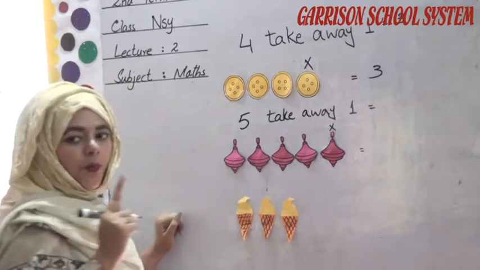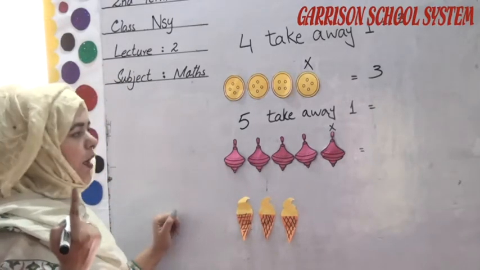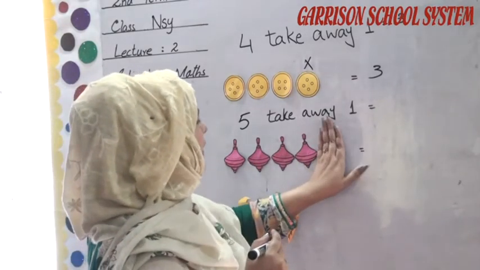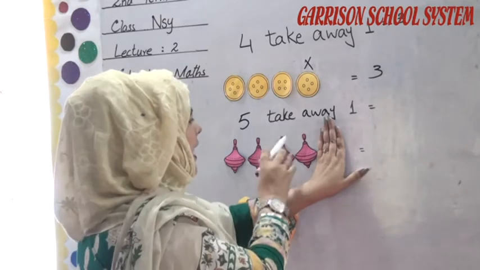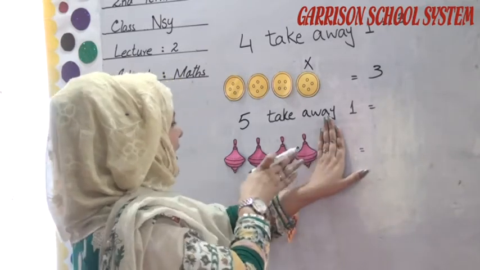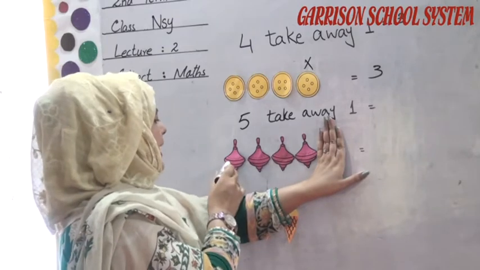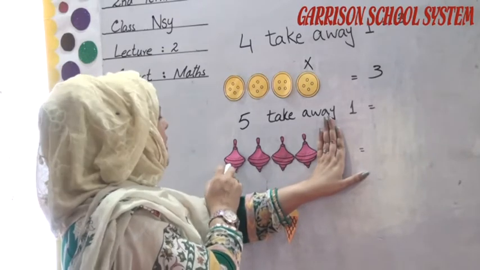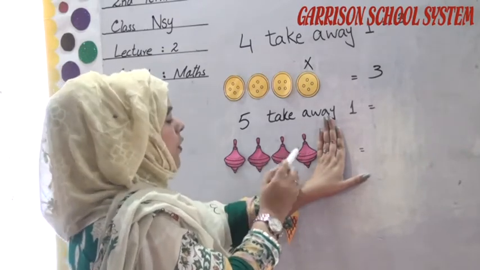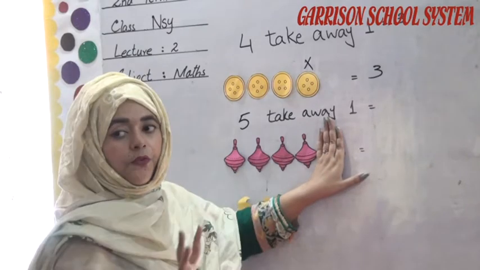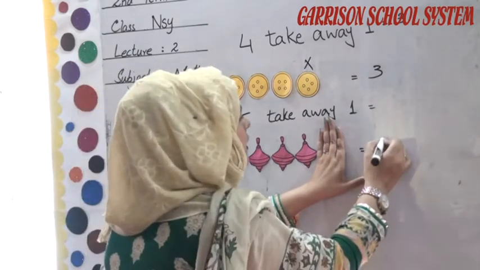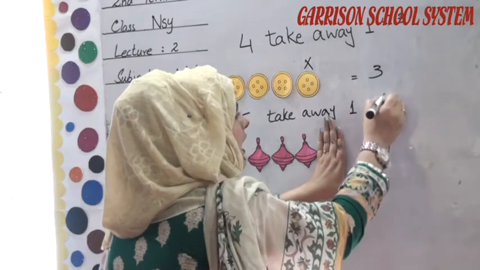If we take away 1, what will we have? We will be left with, if I hide this one top with my hands, now you count from this side, how many will remain? 1, 2, 3, 4. So you will be having 4 tops. So there will be 4 answers.